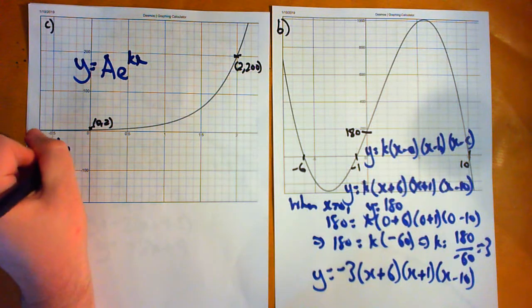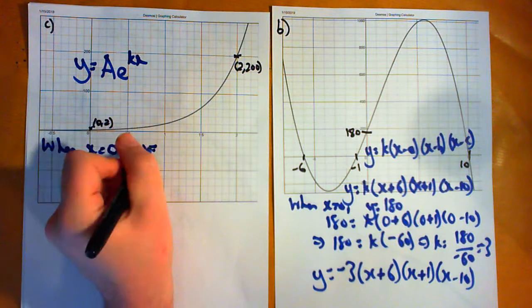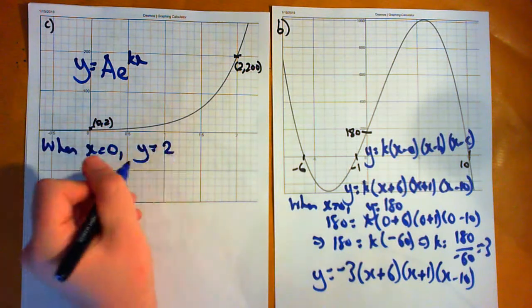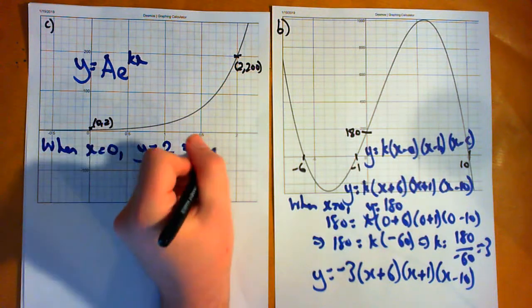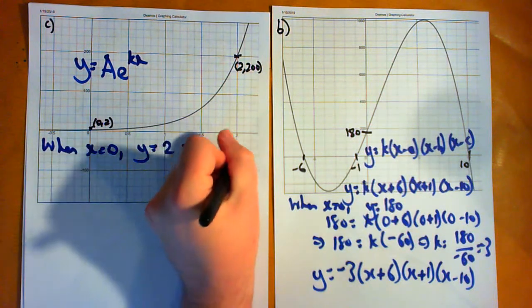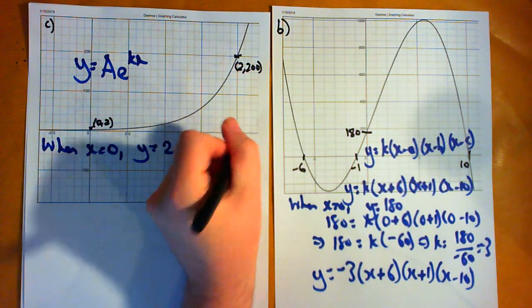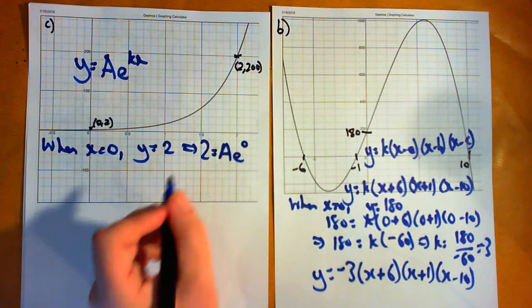So when x equals 0, y equals 2. That tells us if we substitute that into a e to the kx, we get 2 equals a e to the k times 0, which is just going to be 0. So 0k is 0.